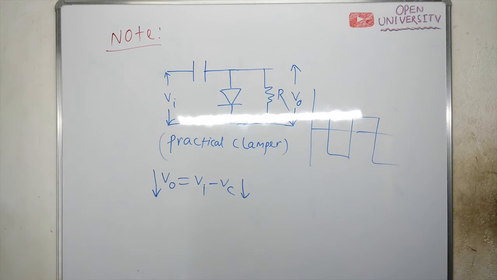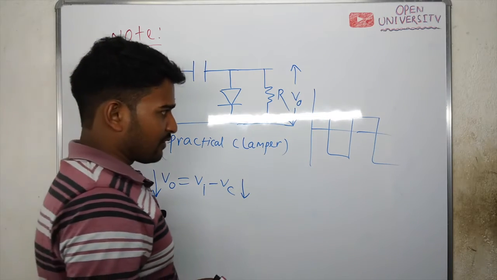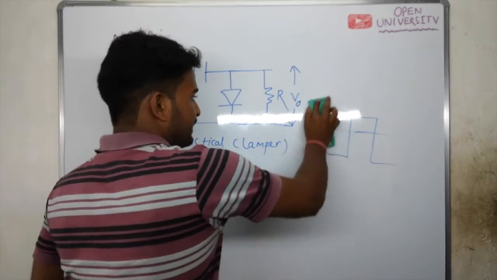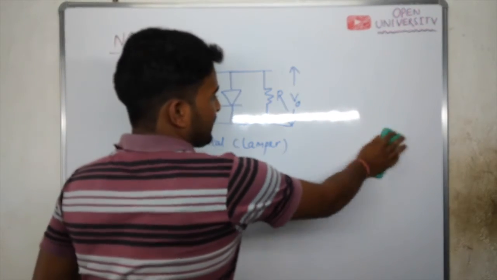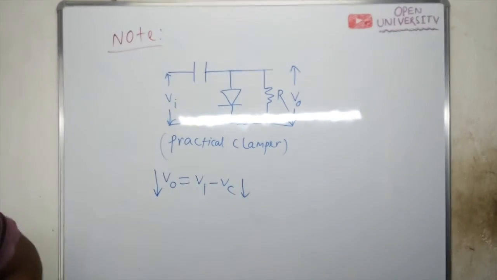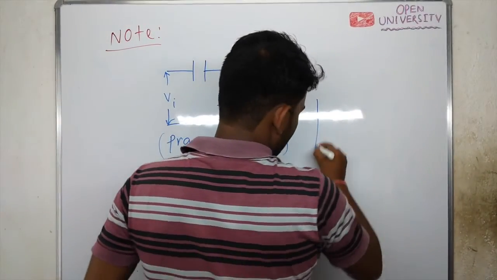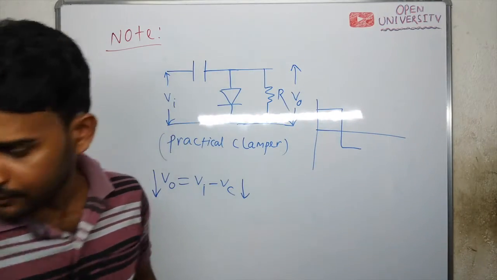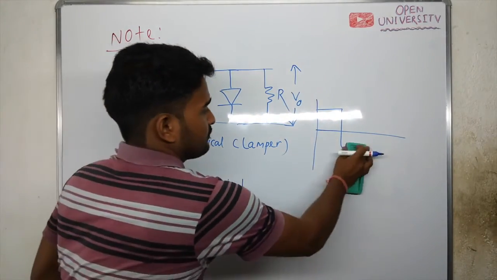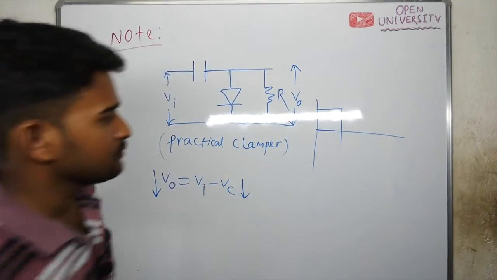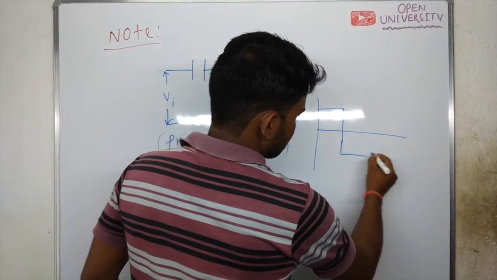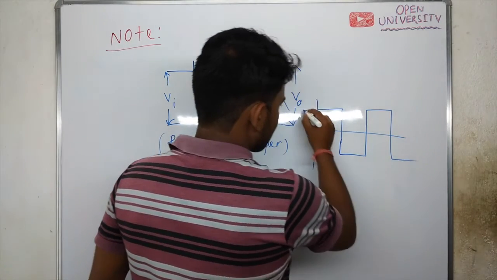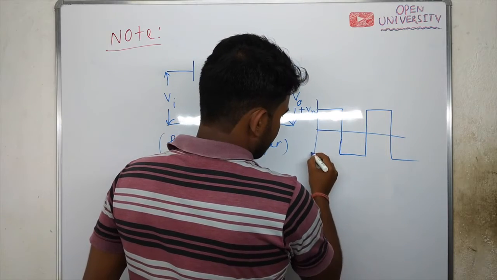So what will the output waveform be? Let's see. If I connect a resistor in parallel with the diode, then what will the output waveform be? Let this be my input waveform Vi, some square wave signal like this, plus Vm and minus Vm.